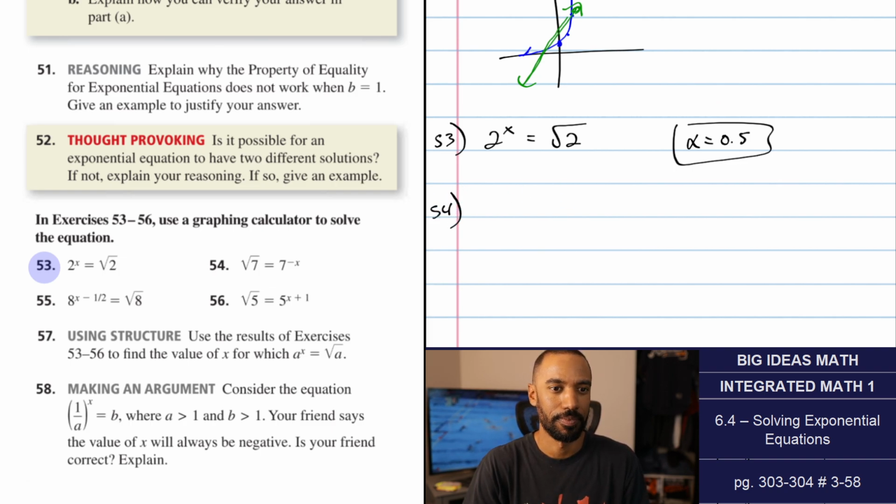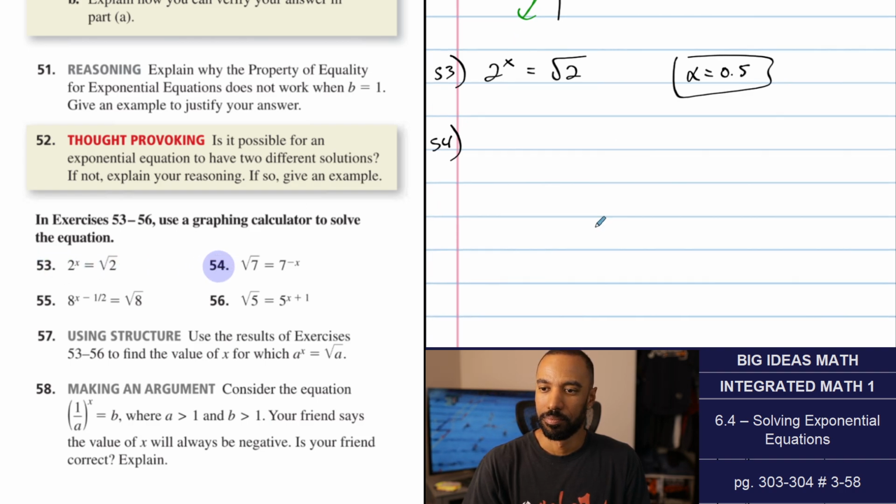Number 54: square root of 7 equals 7 to the negative x power. Here we go, square root of 7, and then 7 to the negative x power. Now, if you notice, they have the same base.